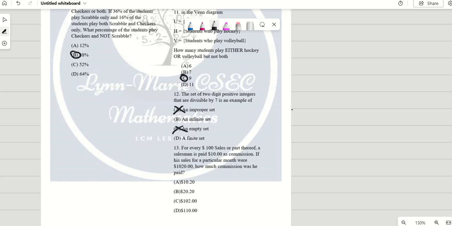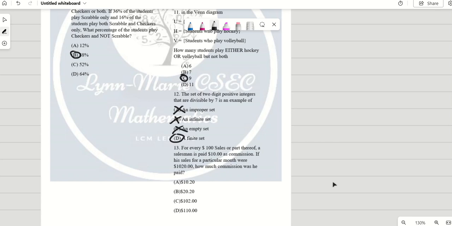Is it an infinite set? Meaning it goes on forever. It does not. They're telling you it's 2 digits. So once we reach a 3-digit number, this set ends. So therefore, it is not an infinite set. The answer would be a finite set.